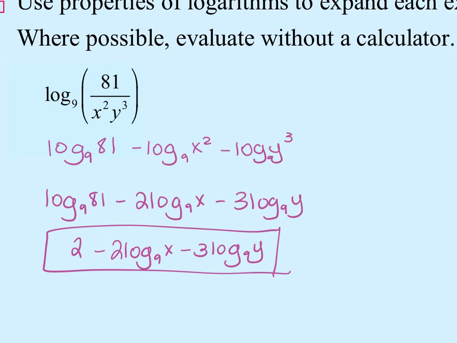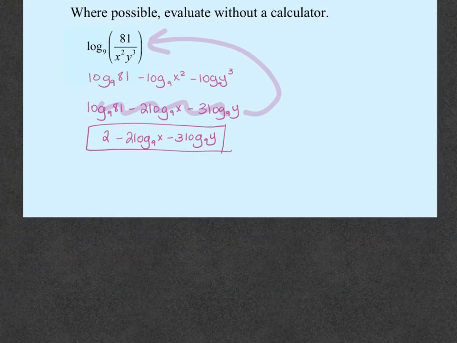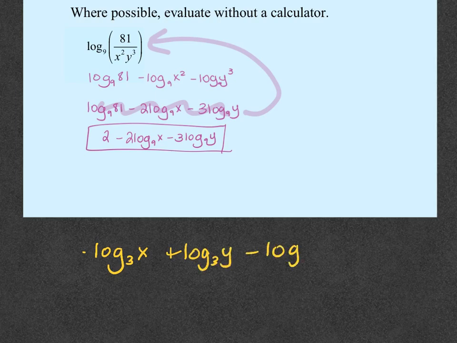So think about this in reverse. Let's say I was taking this and condensing it. Anything with a minus sign is the denominator. Anything with a positive is the numerator. This is the biggest mistake people make. Let's say it says negative log base 3 of x plus log base 3 of y minus log base 3 of z.